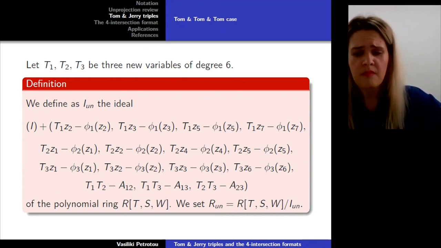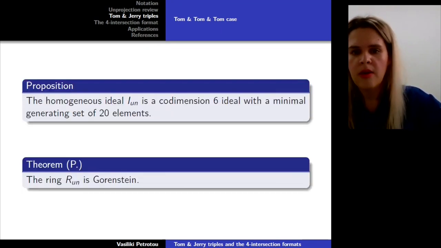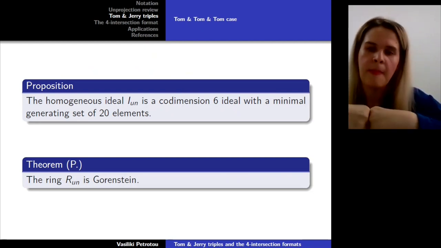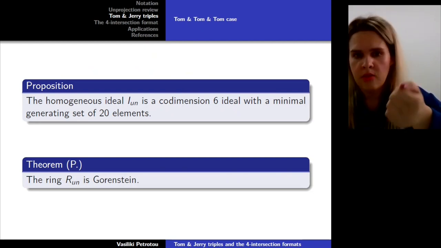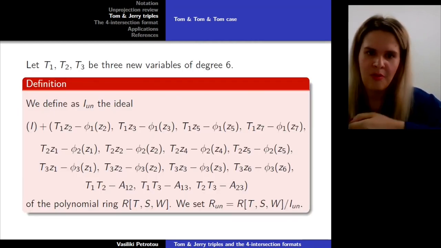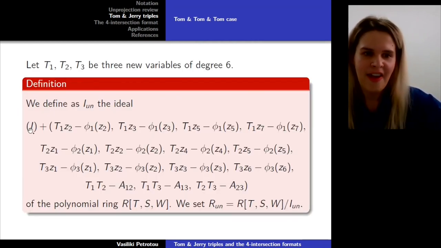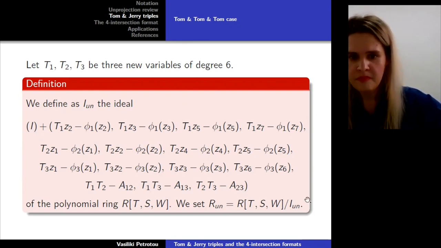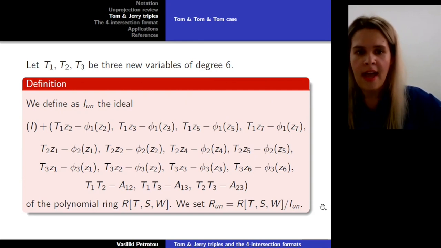So the end product is of codimension 6. It has 20 generators. We can count: we have 5 generators from the Pfaffians and 15 new, so total 20. And this set of generators is a minimal generating set.